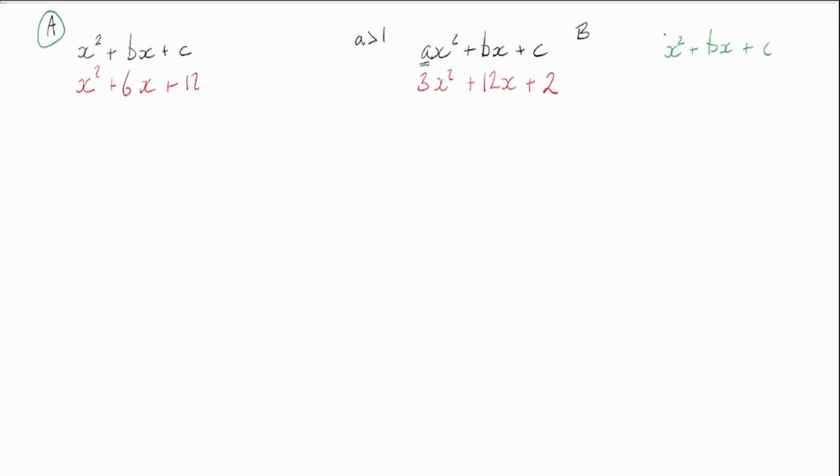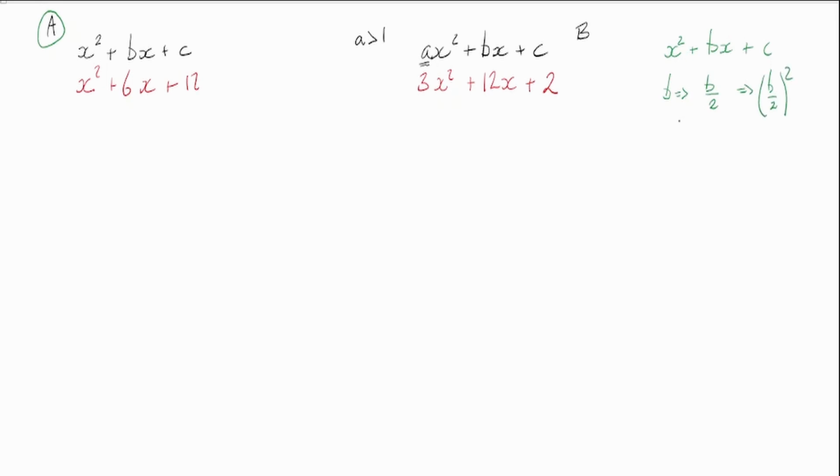Quick revision of how I write x squared plus bx plus c into completed square format. The first thing that I do is I find b, and from that I work out b over 2, and I also work out b over 2 squared.